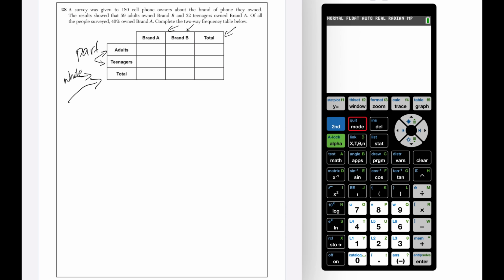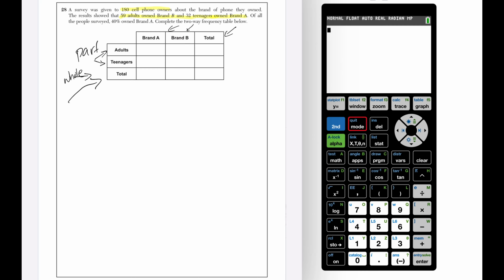All right, so let's see what we got. A survey was given to 180 cell phone owners about the brand. So that's my total, about the brand of phone they own. The results show that 59 adults own brand B and 32 teenagers own brand A. So I'm gonna put those in.